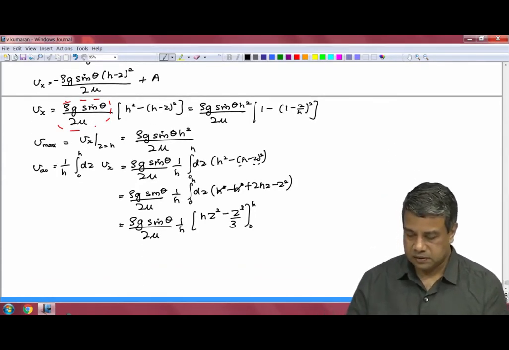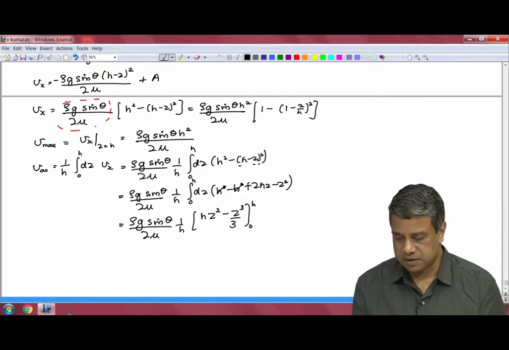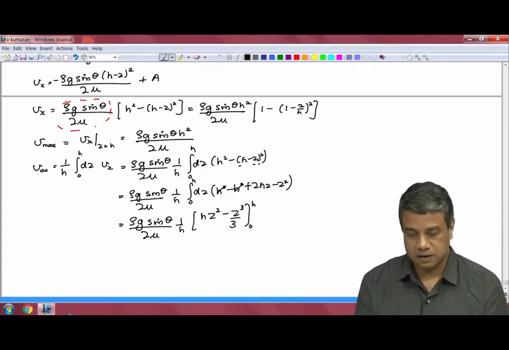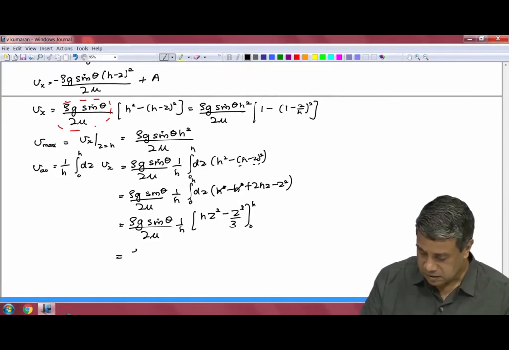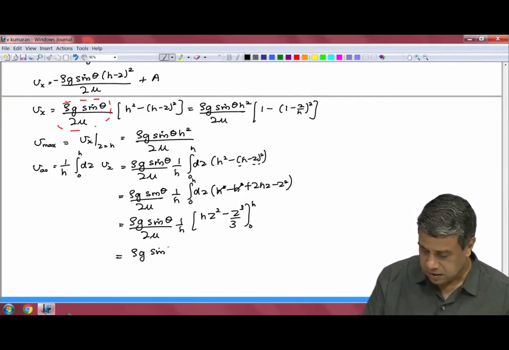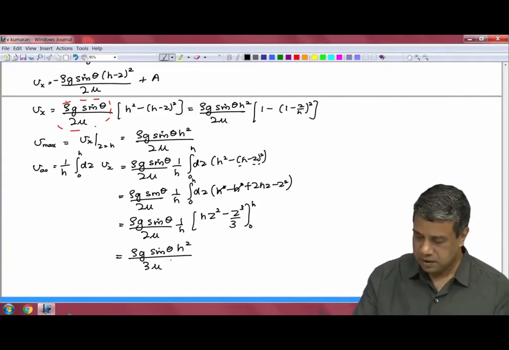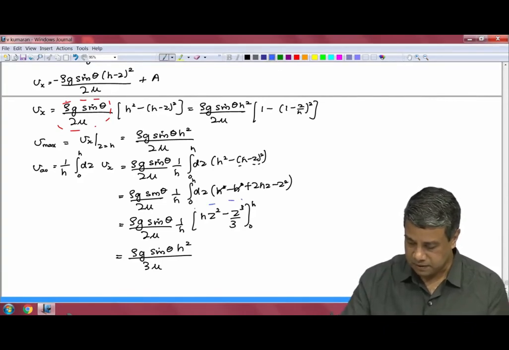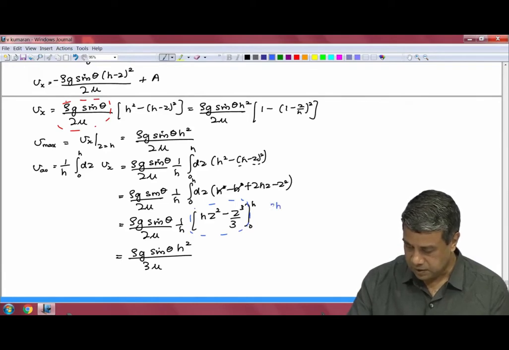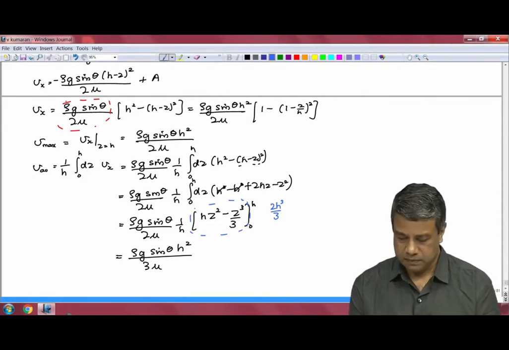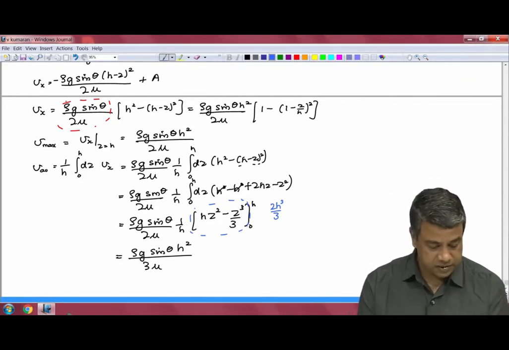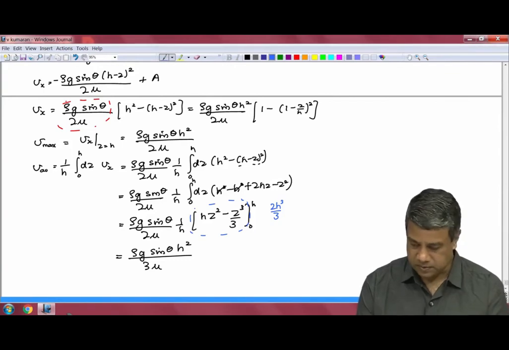At 0 it is 0, at z is equal to h, this just becomes 2 h cubed by 3. In the end, I will get rho g sin theta h square by 3 mu, if you work it out. So, this is the average velocity, rho g sin theta into h square by 3 mu.